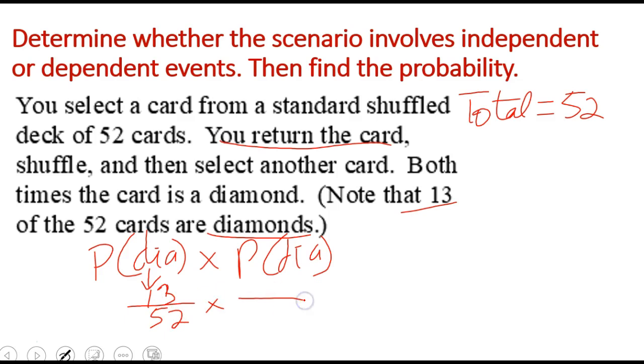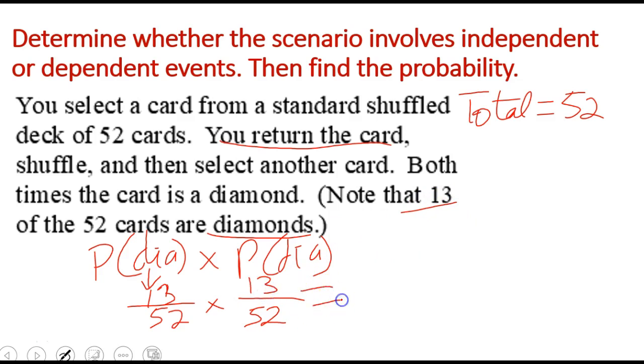Times, since it was returned, what's the total outcome before the second one? It is still 52 cards. There's no change. And how many diamonds are there? Still 13. It did not change either. So we still have 13 diamonds and 52 cards.